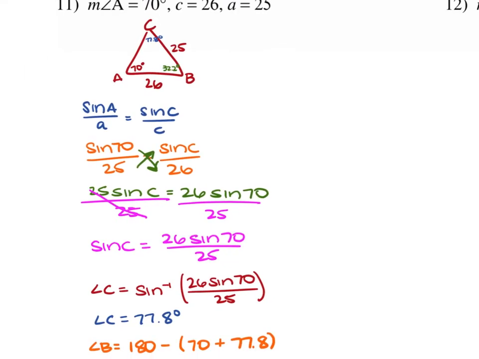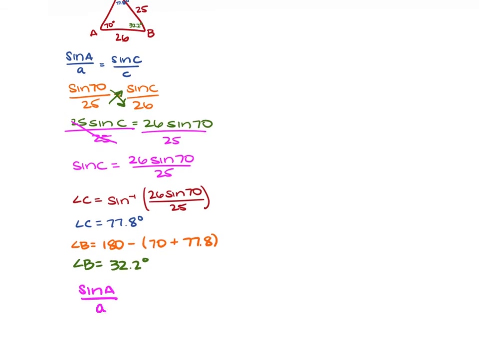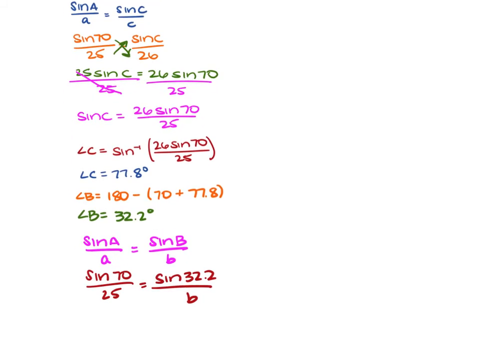All right, so the only thing that we have to find now is side length B. I'm going to use sine A with side length A. So sine A over A is equal to sine B over B. So it's going to be sine 70 over 25 is equal to sine 32.2 over B. From here, we're just going to cross multiply.